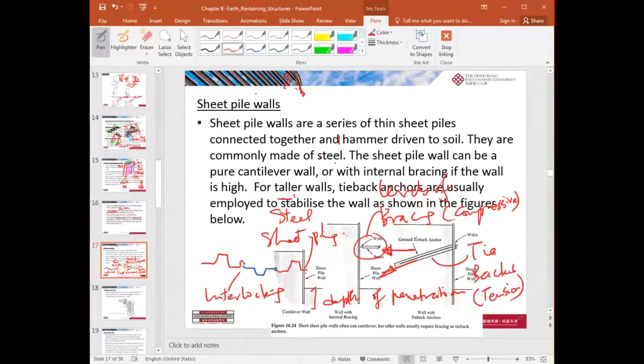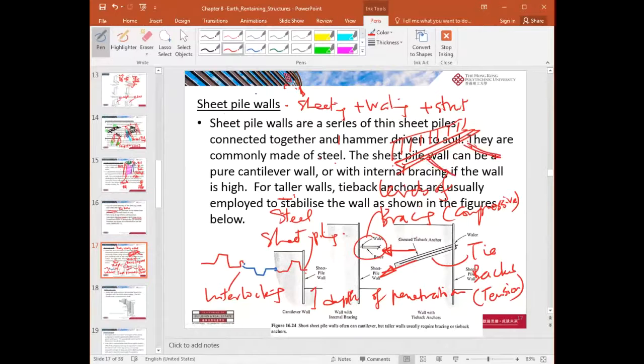So you have to know sheeting, walings, and struts. So you have the rows of the sheet pile, and then you have the waling, and then you have the strut.